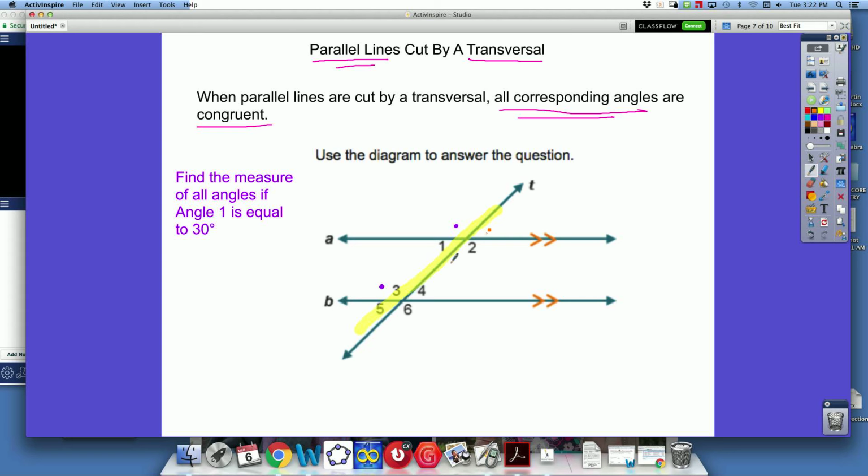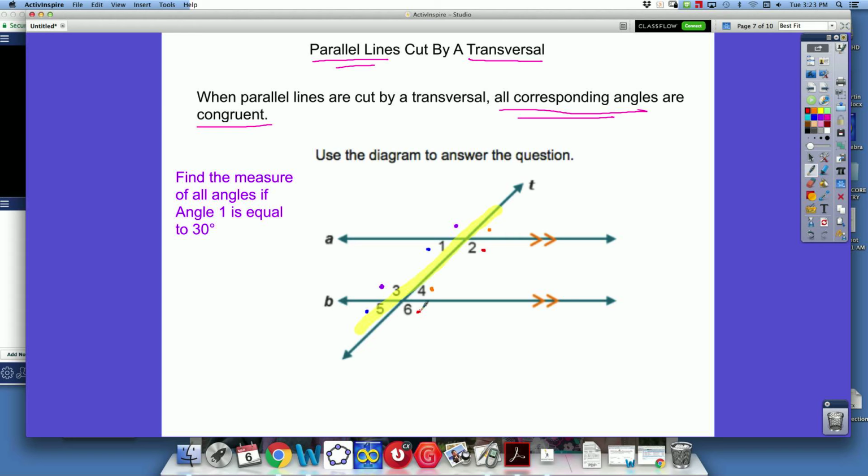This top angle would have to be congruent to angle 4 because they're in the same spot. Angle 1 would be congruent to angle 5, and angle 2 would correspond and be congruent to angle 6. So corresponding angles are always congruent.